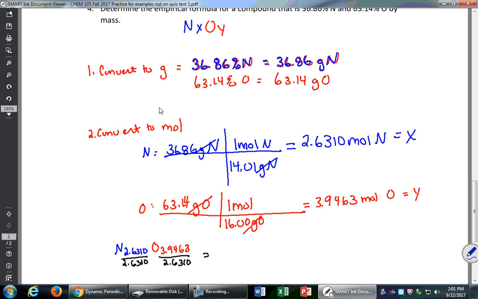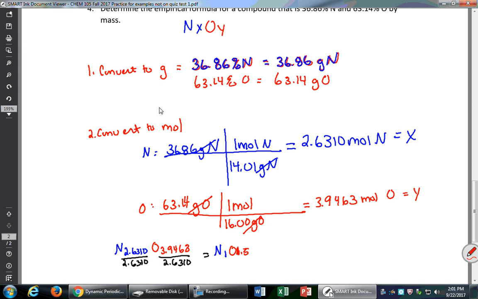So that's going to be equal to N1, O 1.5. 1.5 is too far away to round, so we're going to have to find a multiplier to give me all whole numbers. It's a 0.5, so that's a good indication we're going to multiply by 2.